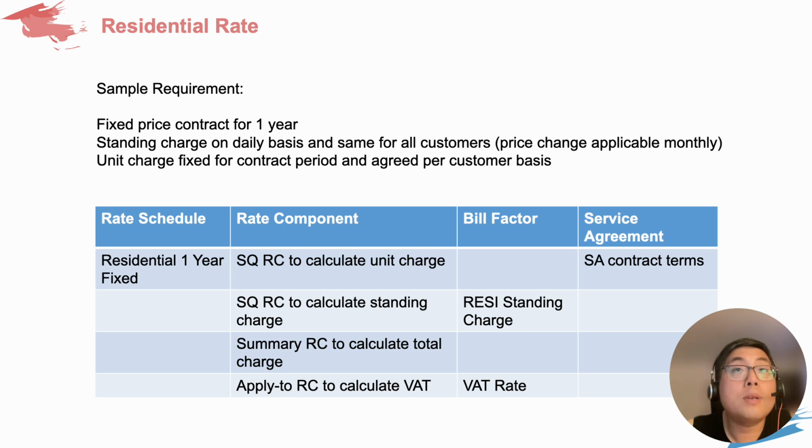Third one is a summary of the total charge. We use the summary rate component. Last one, we use the apply to rate component to calculate the VAT, applying the VAT rate, defined in the bill factor, to the summary rate component calculation result.